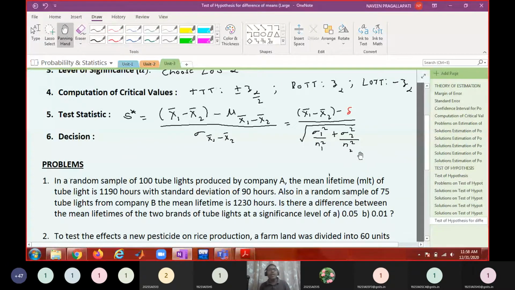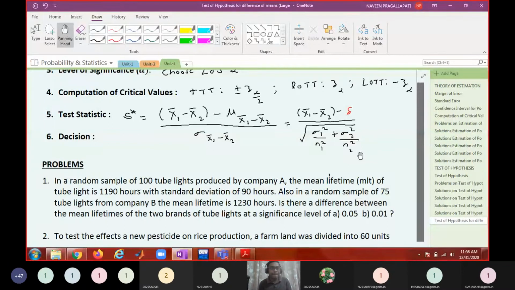See, our whole aim is to compare two population means. Because you cannot study the whole population, you are taking one sample from the first population, and another sample from the second population, and you are observing the characteristics of the samples, and from that you are trying to make a conjecture about the populations.